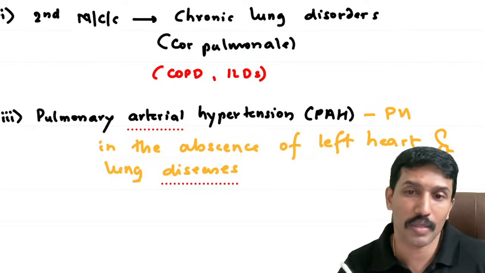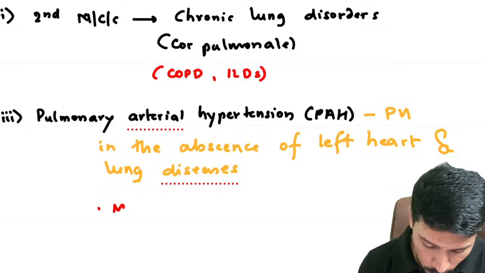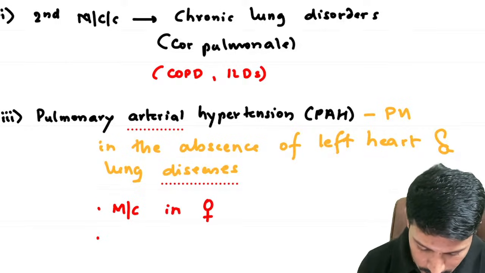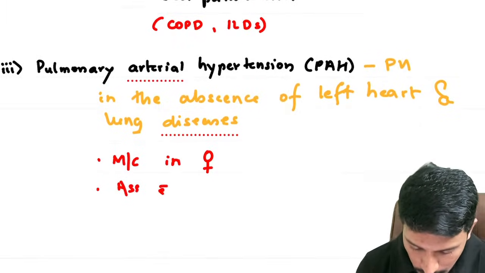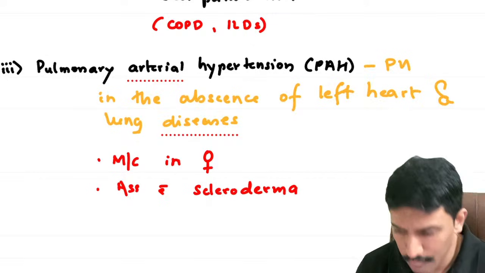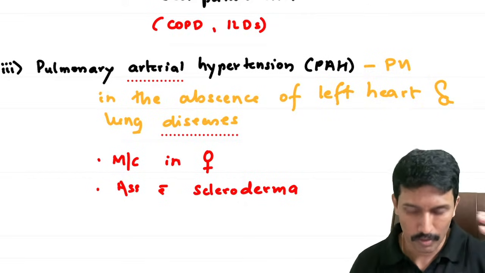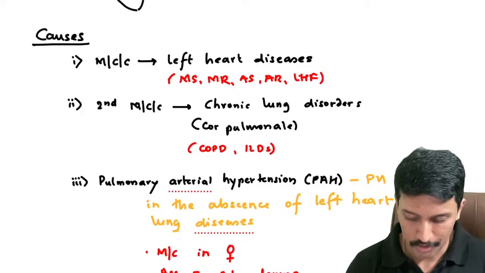This is more common in females, and it is associated with scleroderma. It is more common in patients with scleroderma, and anyway you know that scleroderma is more common in females. Okay, so these are the causes for pulmonary hypertension.